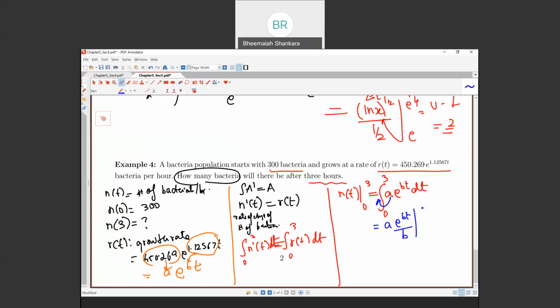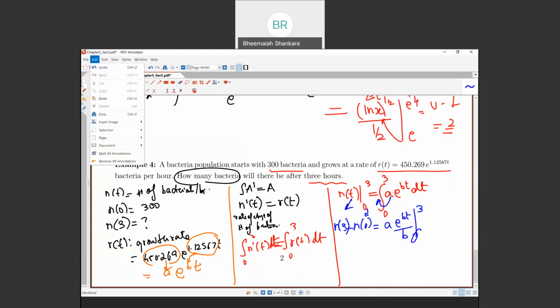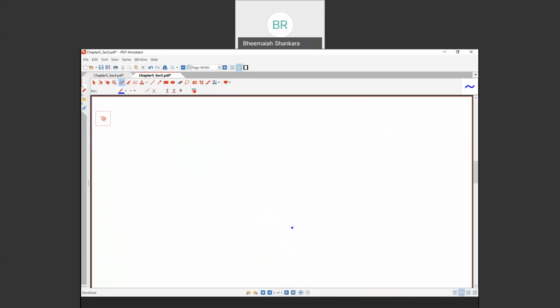Evaluate this from 0 to 3, and then you have n at 3, the upper limit, minus n at 0, the lower limit. So we have n of 3 minus n of 0 equals a e to the bt divided by b, evaluated from 0 to 3.